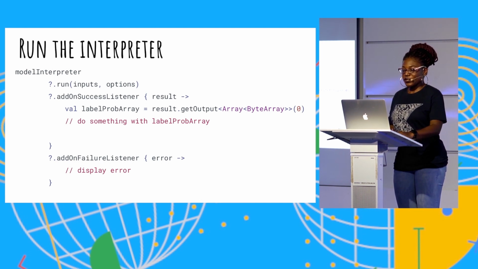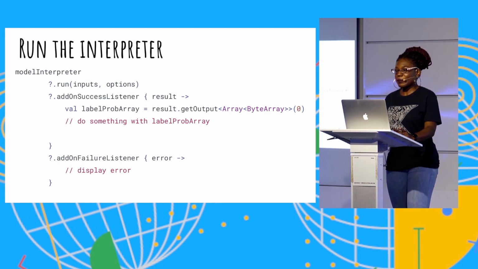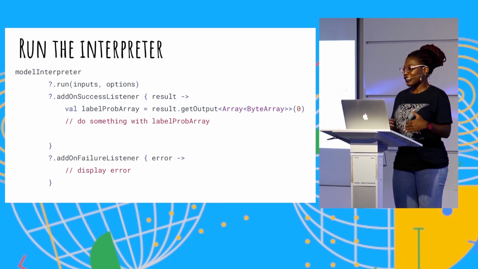The results are returned through the success or failure listener, and this returns an array of probabilities based on the label list we entered. This result can then be mapped to the labels we specified so that we know what probability each label has for each input.